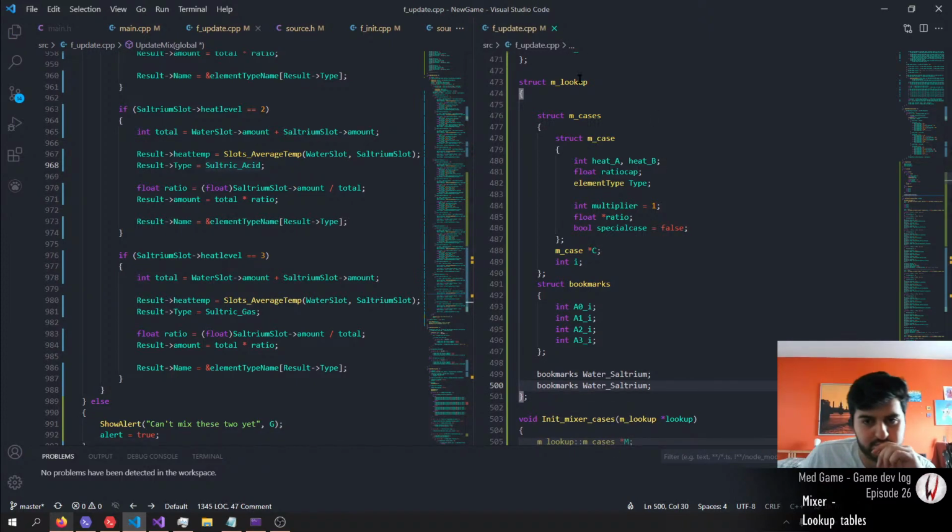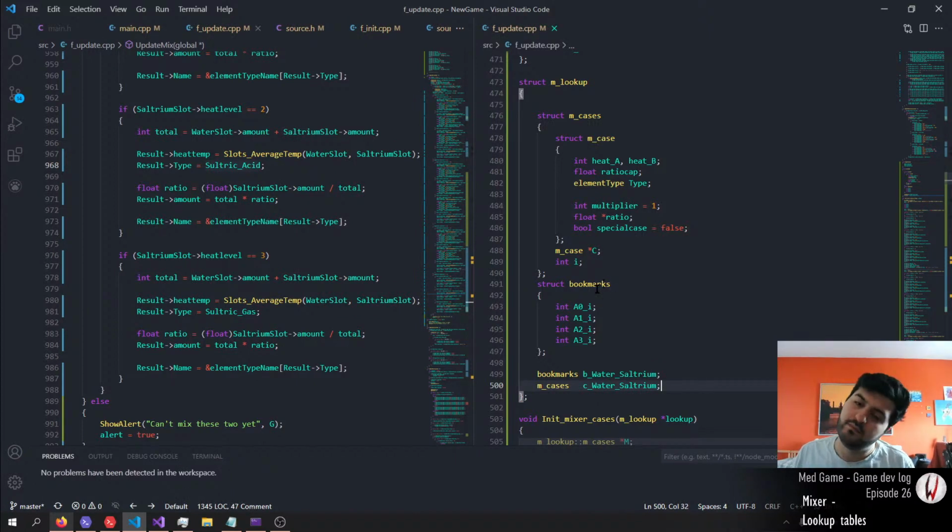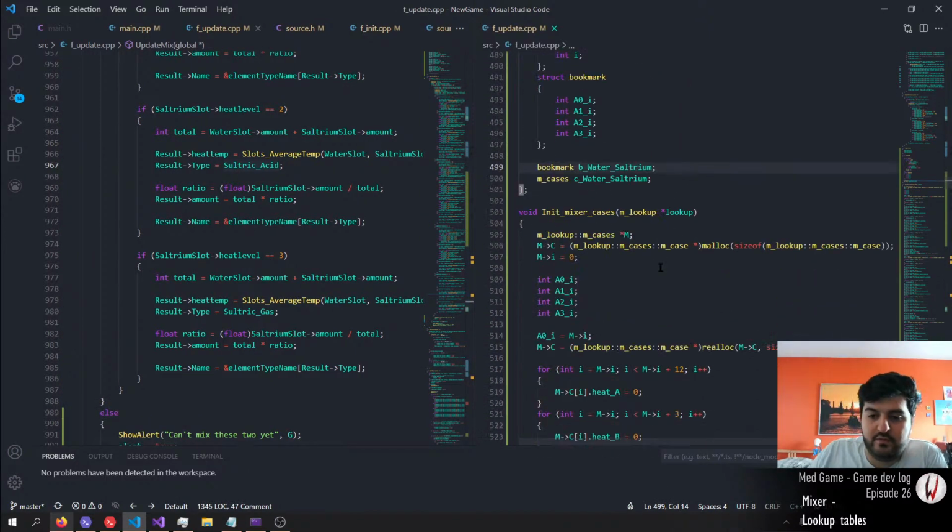There is bookmark, not bookmarks, water software for now, and Saltrium. Water Saltrium. Okay.